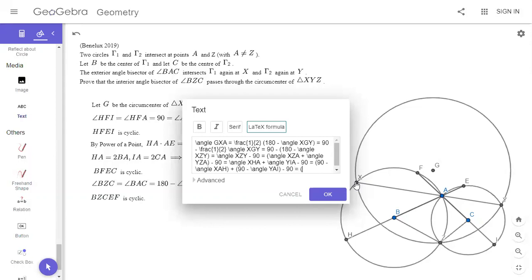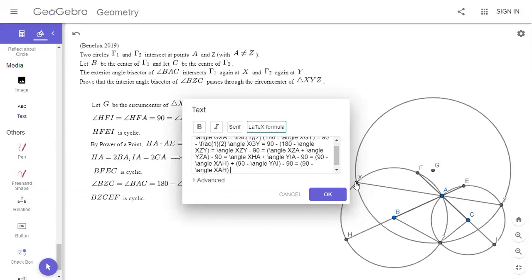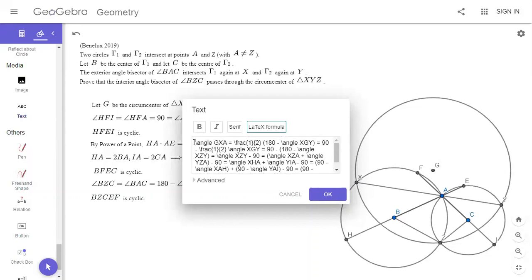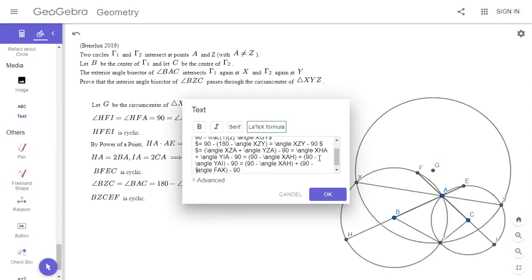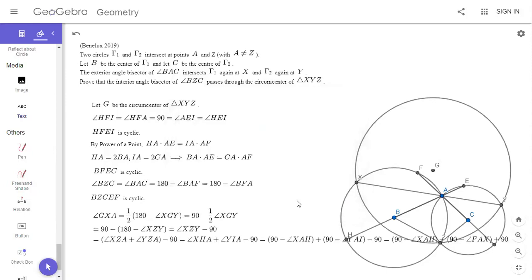And so YAI is equal to FAX. All right, so I'm going to write this out first, but I'm going to want to break it up into a couple lines. See if it works. Let's see how this comes out.